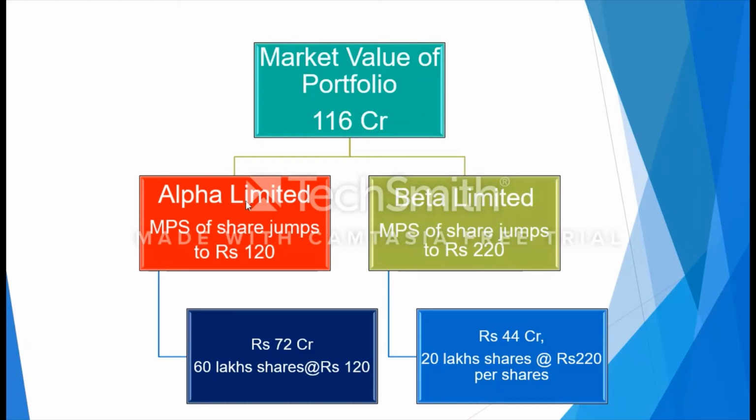So if the Alpha Limited price is 120 and in the portfolio there are 60 lakh shares, the valuation of Alpha Limited jumps to 72 crore rupees. Similarly, Beta Limited's price jumps to rupees 220. Now you have 20 lakh shares at the price of rupees 220. The valuation of this part of the portfolio becomes 44 crore rupees, and if I add the value of both, my market value of the portfolio has jumped to 116 crore rupees.